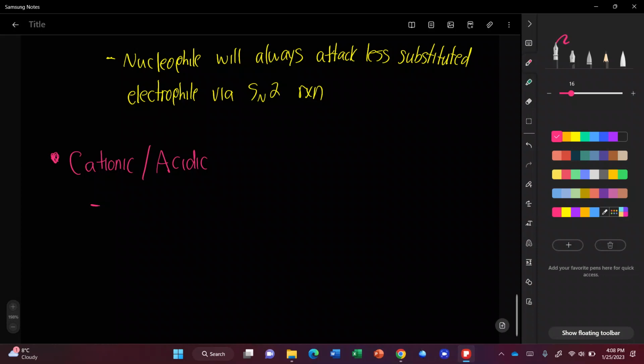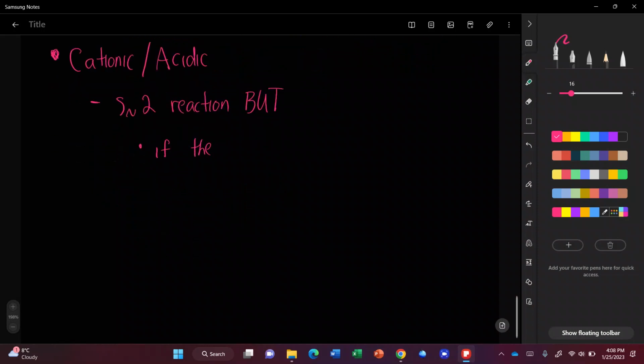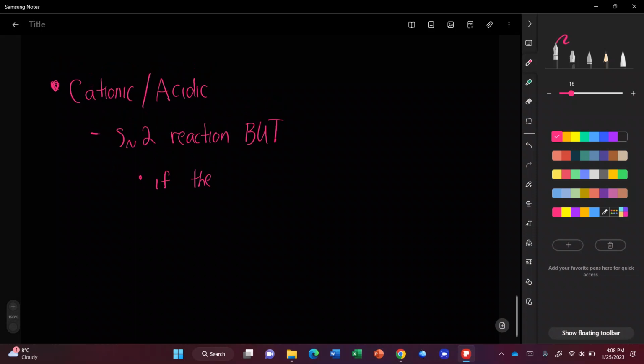But it's actually a little bit more complicated than I initially made it seem, but it's still not that bad, okay? So when you're in acidic conditions, it's still ultimately an SN2 reaction, but there's essentially three different options that you can have.